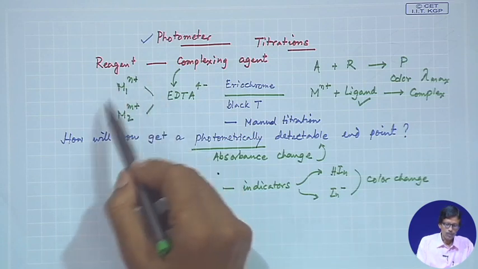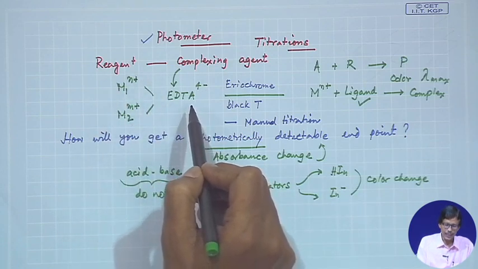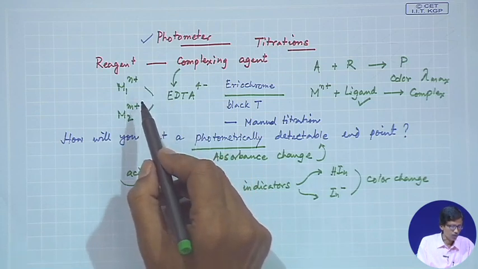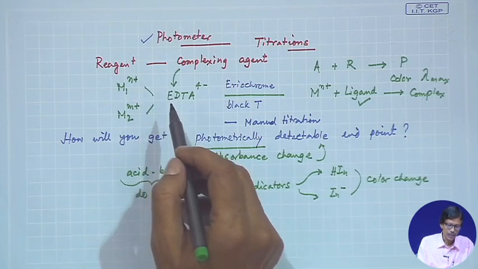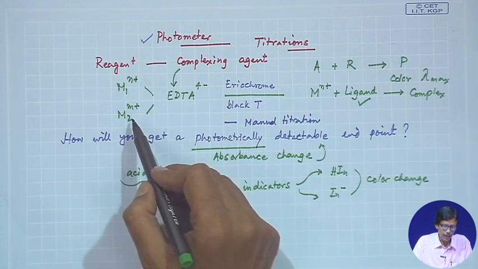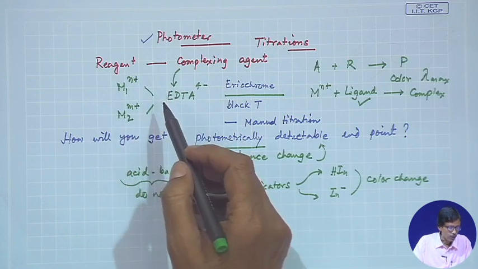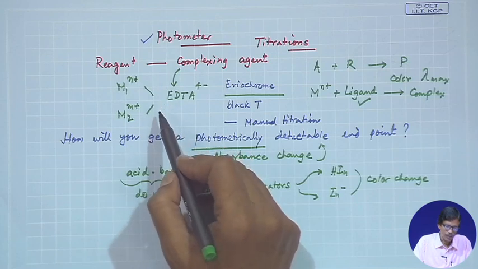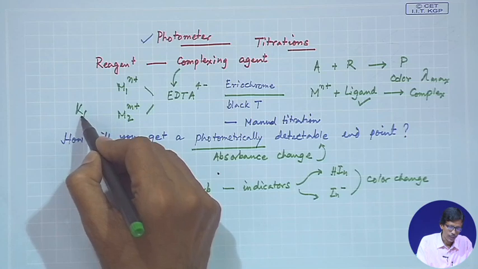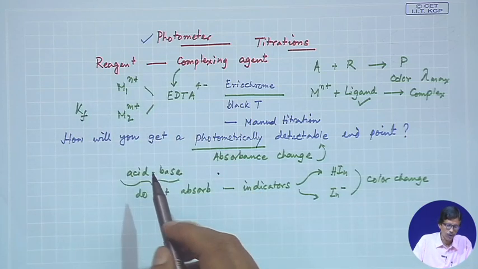If both of them can bind to this EDTA, and their binding constant or formation constant are different, then the metal ion having the higher magnitude of the stability constant or formation constant, what we indicate in terms of the K value, binds first.